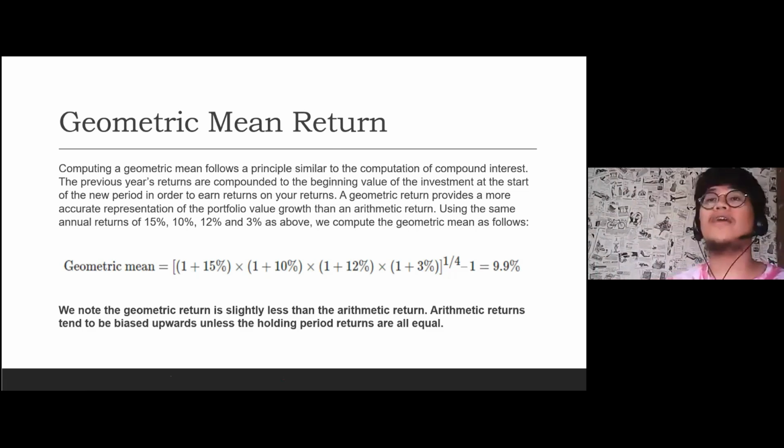We have 4 here. Then, minus 1 to get the percentage, to get your geometric mean. The geometric mean is more conservative than your arithmetic mean because it is always lower. It is not hugely lower, but it is slightly lower than your arithmetic mean.